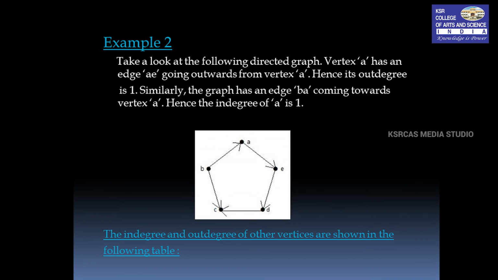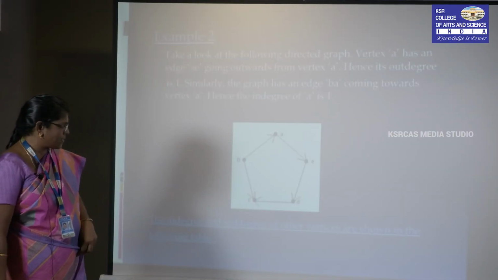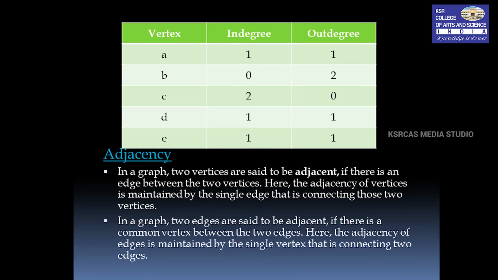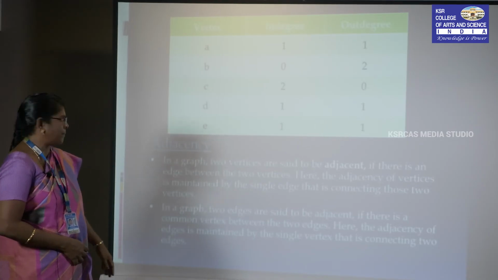For the vertex D, there is one edge coming out from D and one edge coming inside of D. So in degree of D is 1 as well as out degree is 1. The in degree and out degree of other vertices are shown in the next table. These are the in degree and out degree of the vertices shown in the previous diagram.